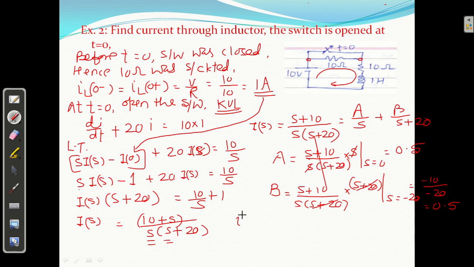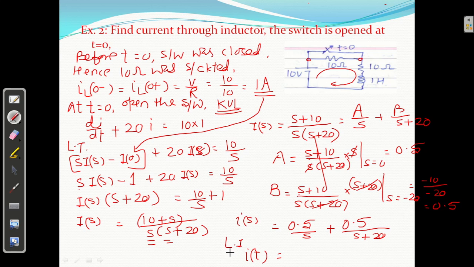So you can say I of S equal to what? What is A? 0.5 upon S. What is B? Plus B, 0.5 upon S plus 20. So take the Laplace inverse to get I of t.